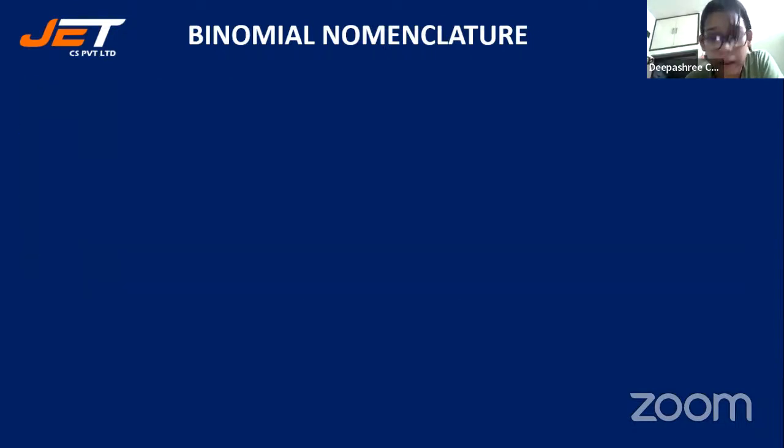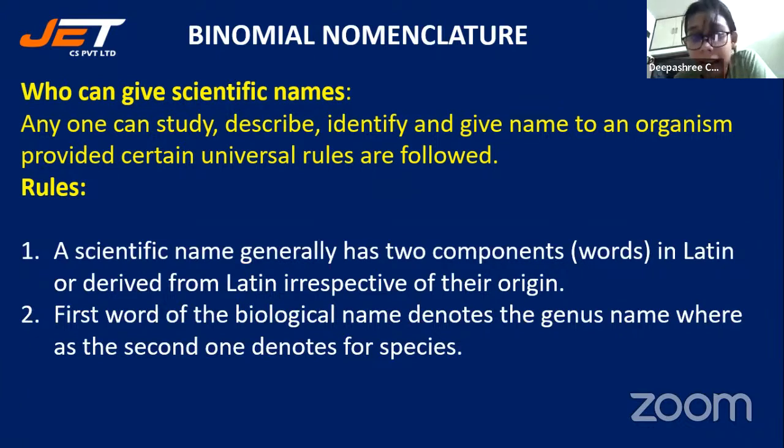So what are the different rules? A scientific name generally has two components, words which are in Latin or derived from Latin, irrespective of their origin.